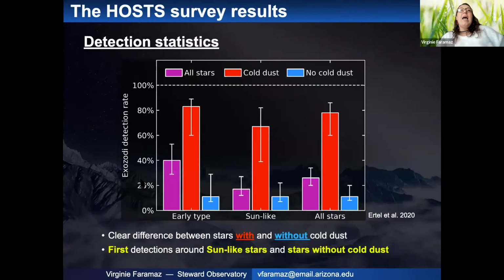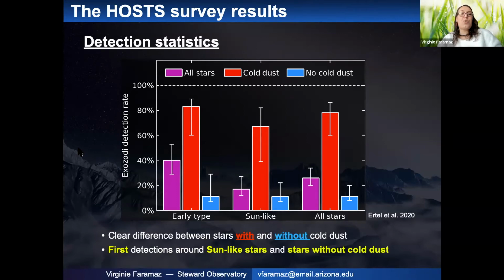Some of our main results: there's a clear difference between stars that have cold dust that we know of. Stars with known cold dust tend to have a much higher detection rate than stars that don't have detected cold dust.